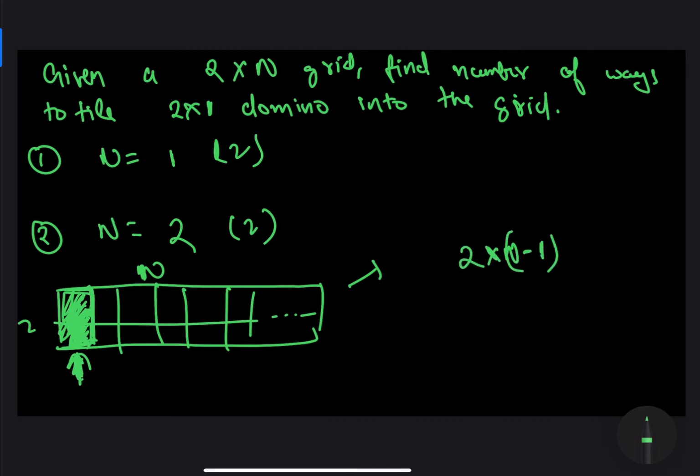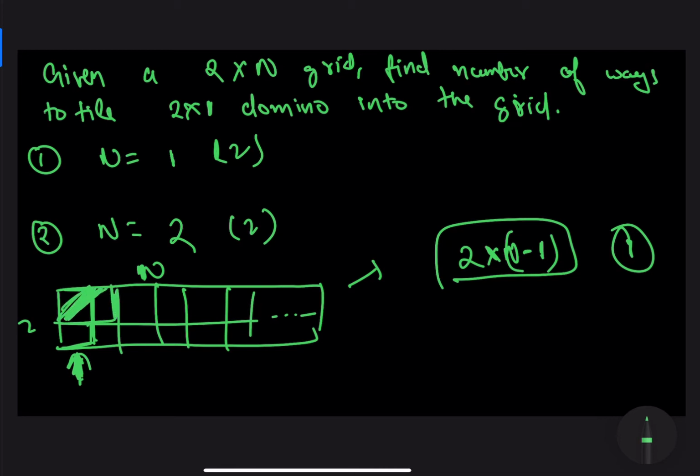So that is case number 1, and the problem becomes finding the number of ways to tile the 2 cross n minus 1 grid.